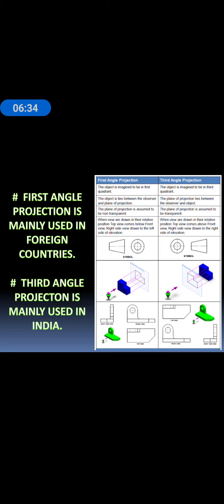In first angle projection the object lies between the observer and the plane of projection. In the third angle projection, the plane of projection lies between the observer and the object. The plane of projection is assumed to be non-transparent in the first angle projection, and in the third angle projection we can assume it is a transparent plane.